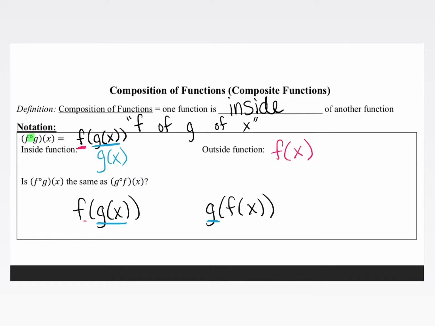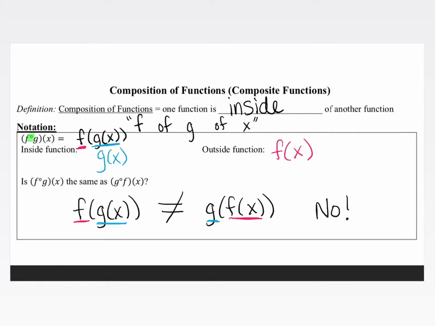Similarly, f of x is our outside function with the first example, but the inside function with the second. So these are not the same. They are not equal. Sometimes when you simplify, you may get the same answer. However, that just might be a coincidence.